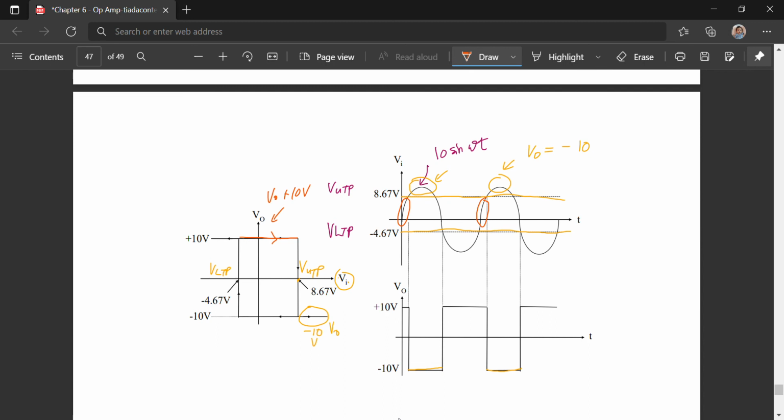So here, at this orange color, you get positive, and this one also positive.